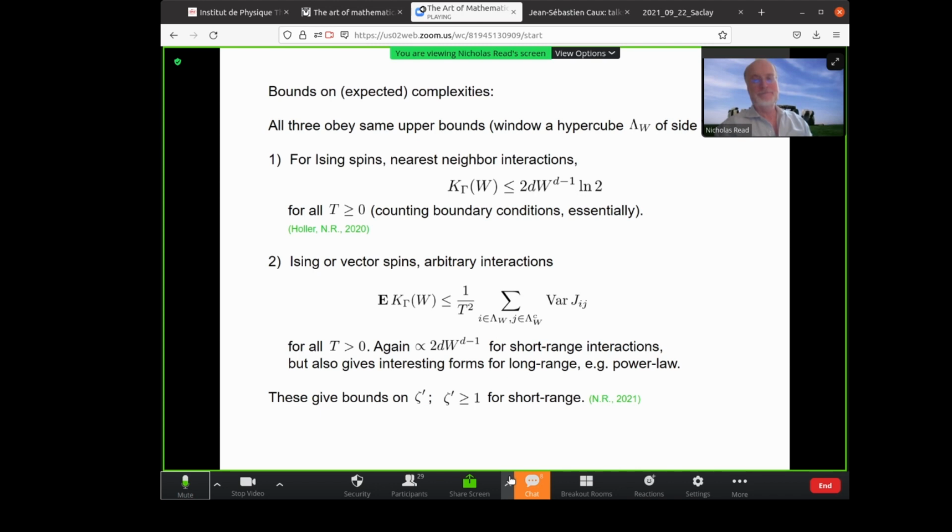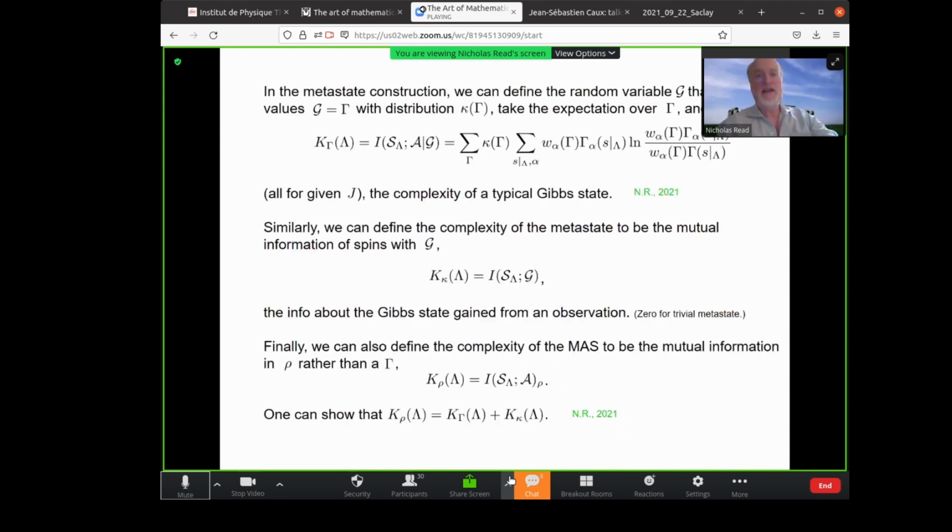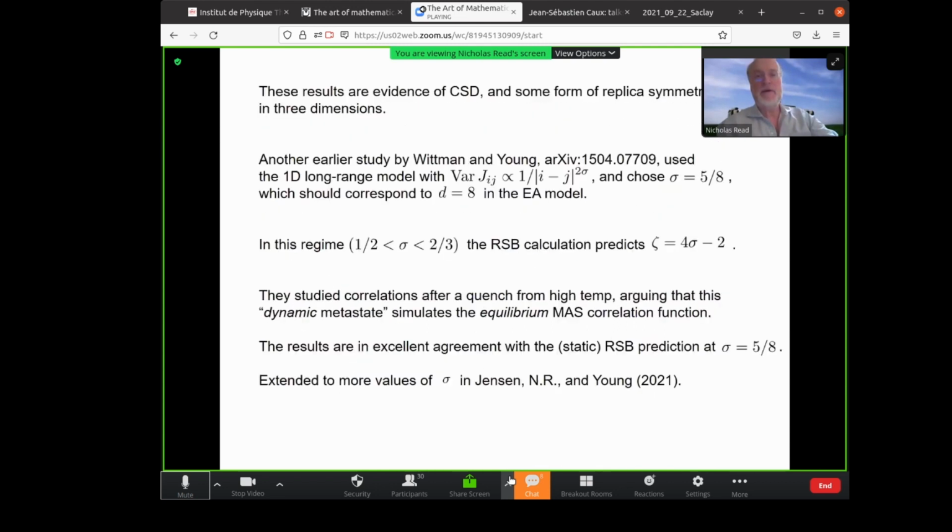Could you say more about what can be proved in 1D? Well, in 1D, I think I removed a slide about it. Nearest neighbor is really not very interesting. So in 1D, we can use a model where the variance of Jij is a power law of the distance. That defines sigma.